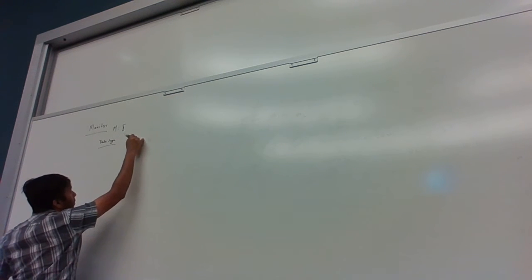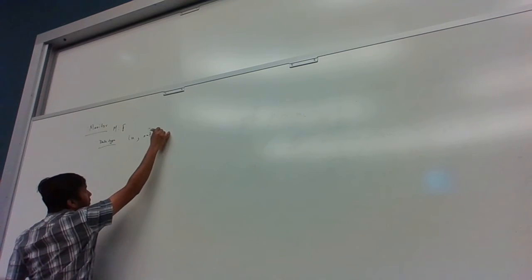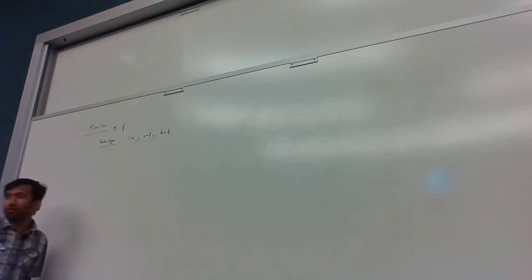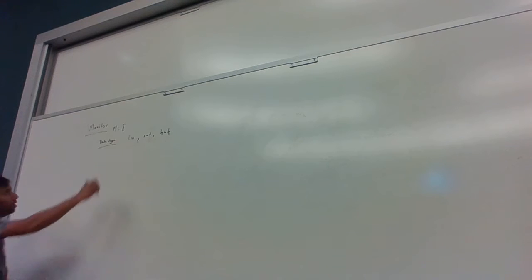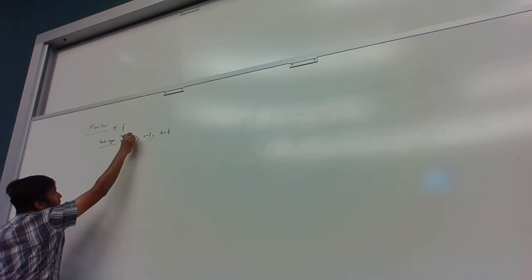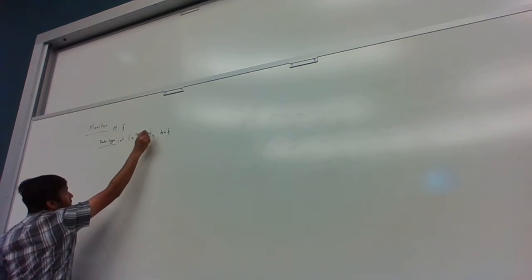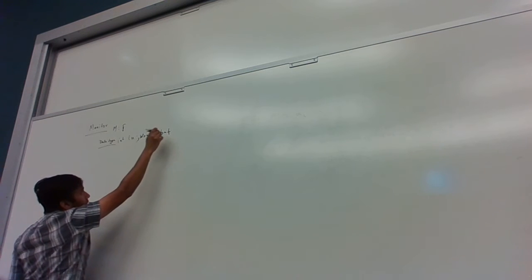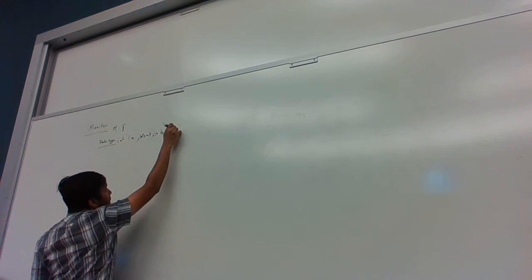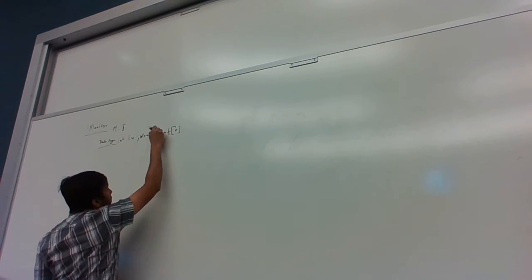We needed in, we needed out, and we needed a buffer. All those can go as data. So in is an integer, out is also an integer, and buffer is an integer array of size n, however many you want.